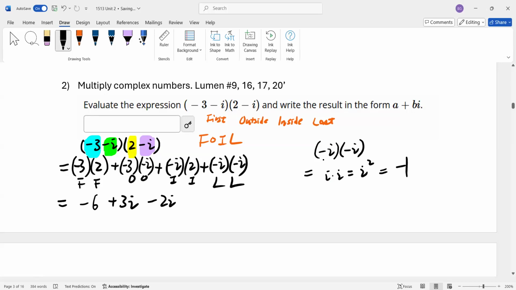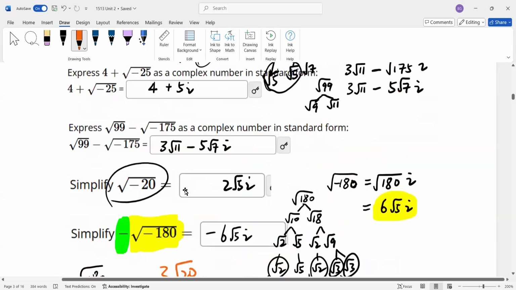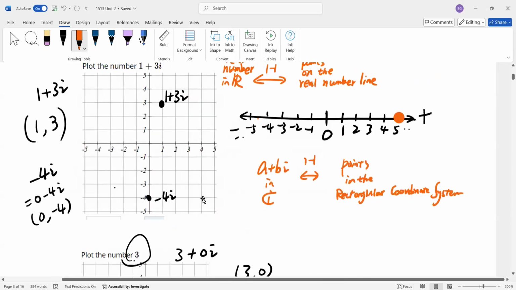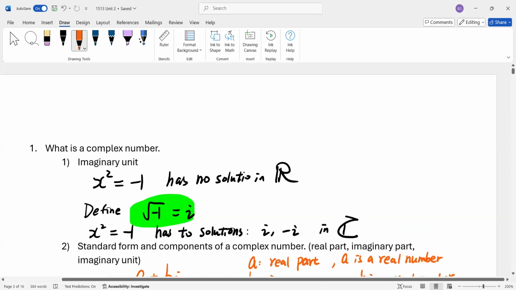Very important, because i is root -1, so i squared is -1. Yeah, this is a very important feature. Actually, I should add this at the very beginning with the imaginary unit formula.